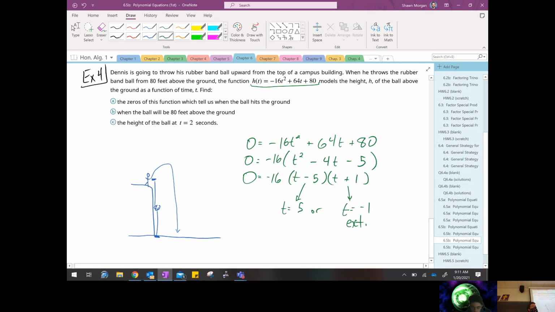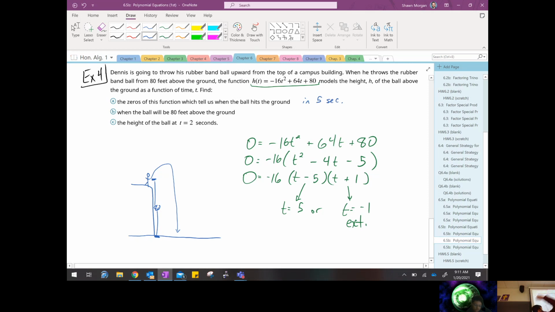Yeah, I mean, Dennis is not a time traveler. Last time I checked, he's not going in negative time back to -1 seconds, okay? Yeah, but t is time. So what we're answering is we want to find the zeros, when this ball is going to hit the ground. The ball is going to hit the ground in 5 seconds.